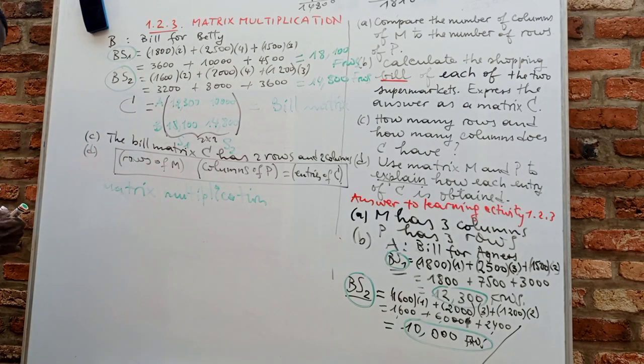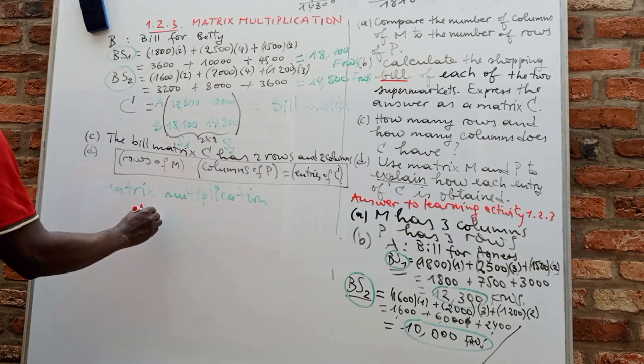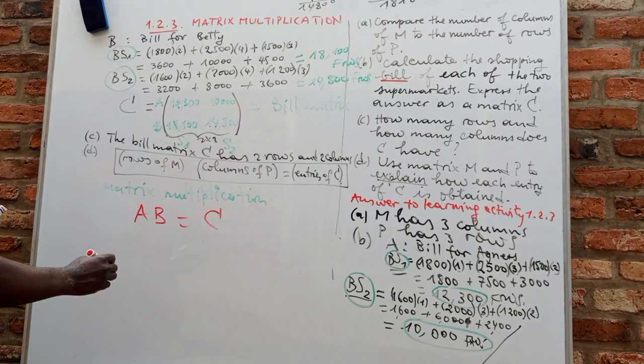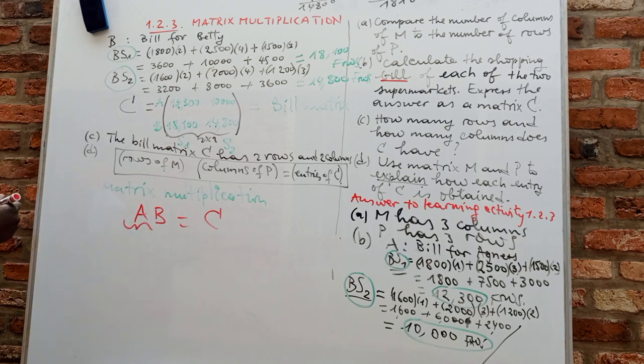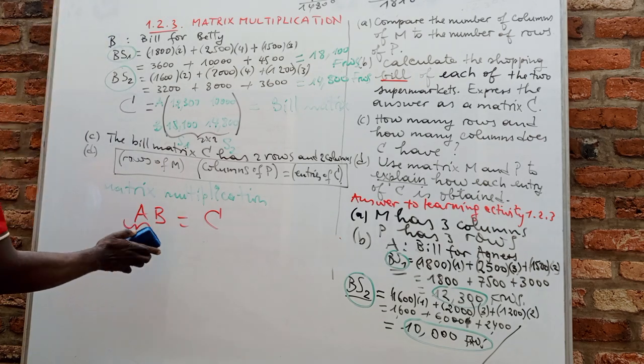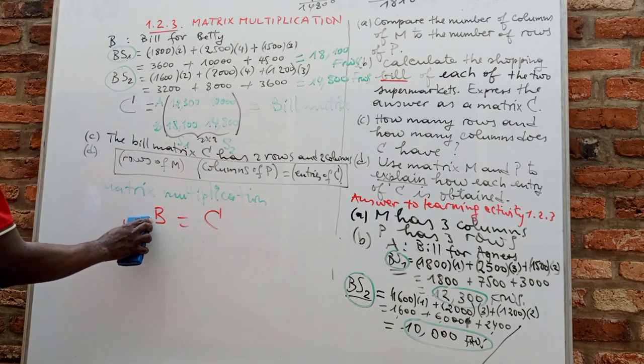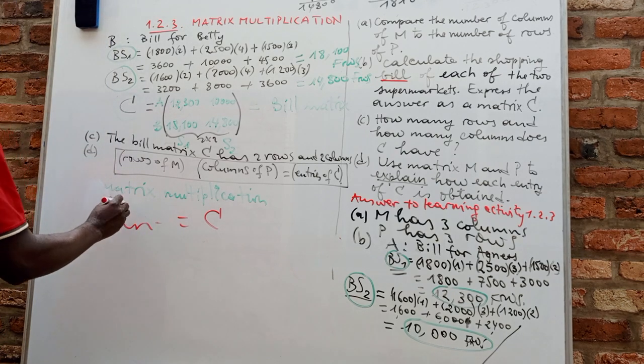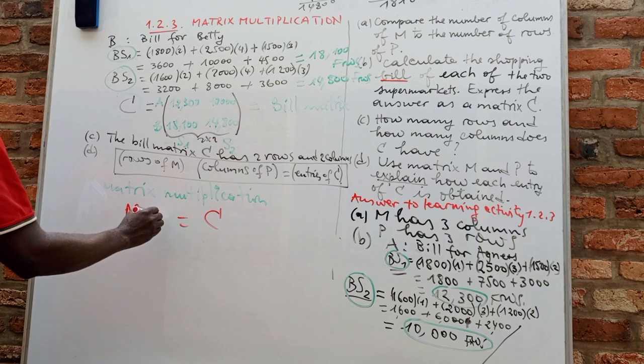If we were to multiply matrix A times B, the product is another matrix. Here it was not matrix A. The first matrix was M, and the second was P.